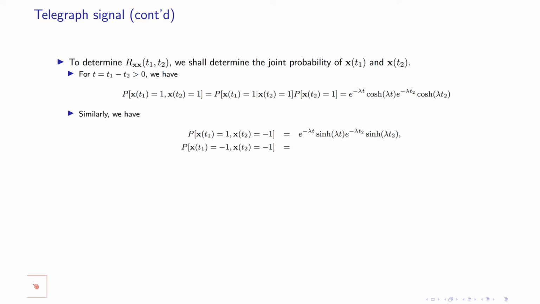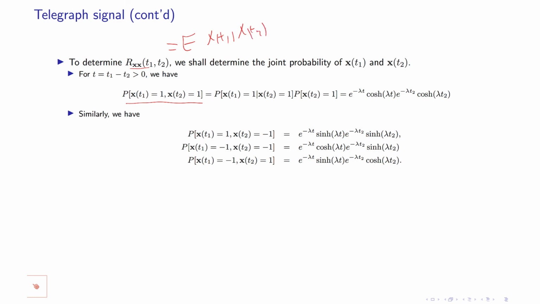So you could calculate the probability of x of t1 and x of t2 taking different binary values of plus minus 1. And now that we have all these, so we have four different cases, then you can calculate the expected value of x of t1 times x of t2.